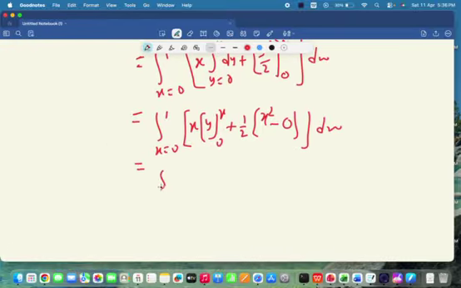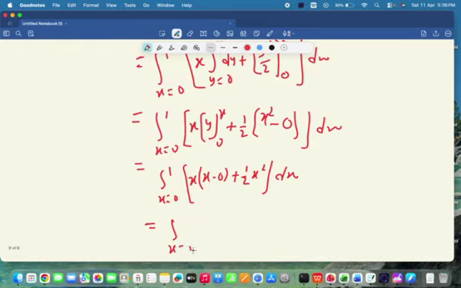and then x is equal to 0 to 1. Here the upper limit is x minus 0, plus 1 by 2 x square, because x square minus 0 is x square.